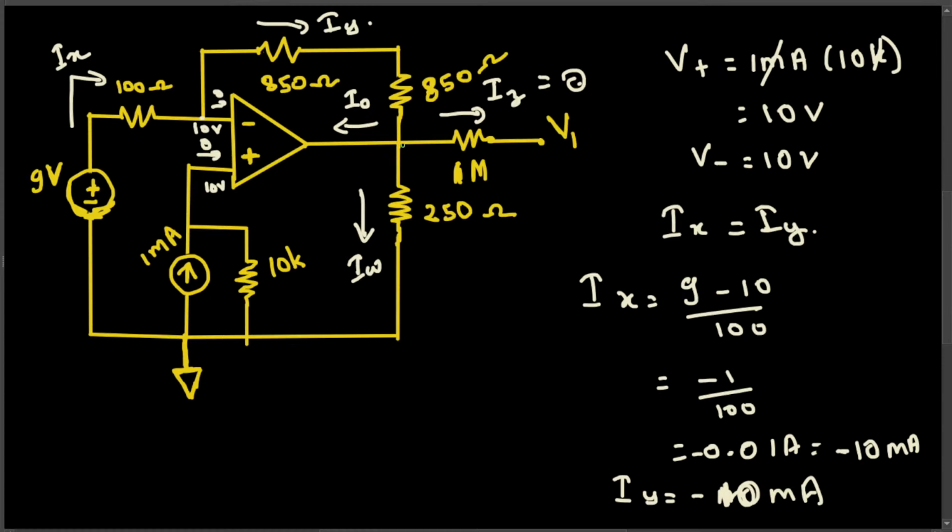Do we know the voltage here? We can find it out. We know IY is going from here to here, so we can combine these two resistors, because they are in series, and make it 1700 total ohms. So the IY equation is going to be 10 minus this voltage right here.